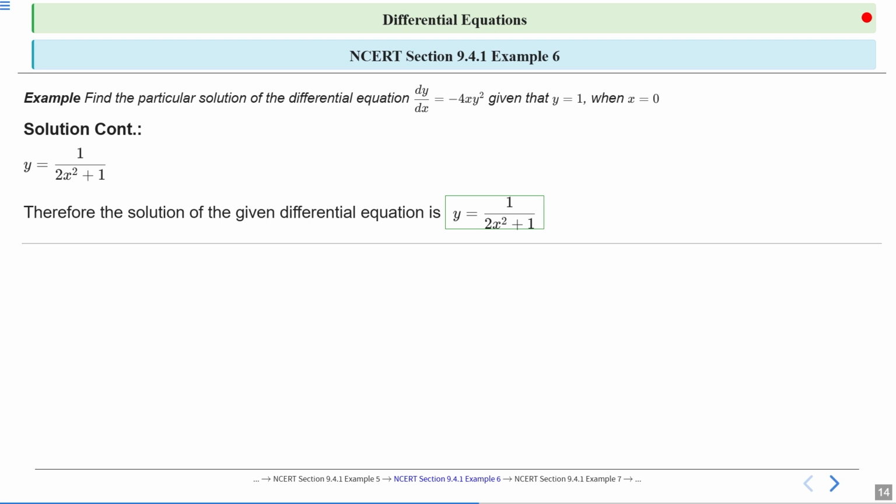A particular solution represents a single curve that satisfies the given differential equation with the condition, and that condition is x equal to 0 and y equal to 1. It satisfies both the condition and also the differential equation. But a general solution represents a family of curves that satisfy the differential equation.